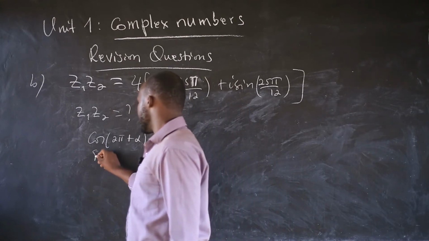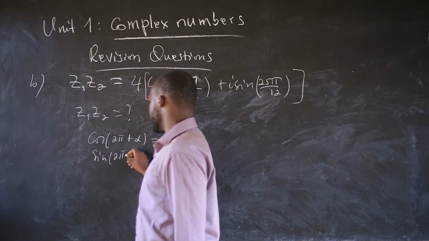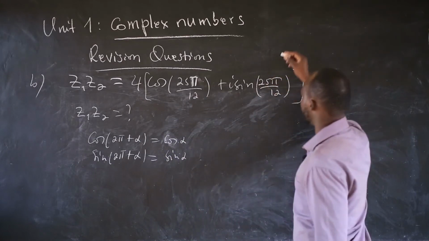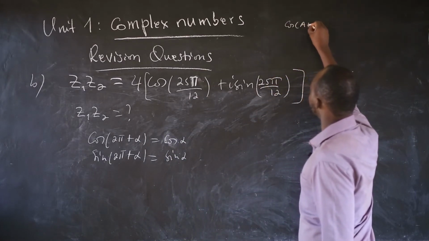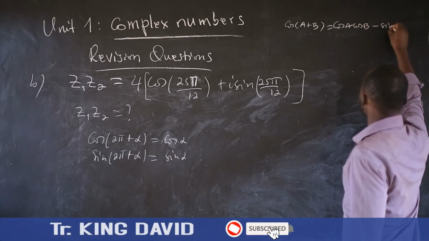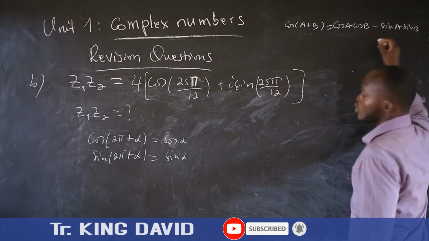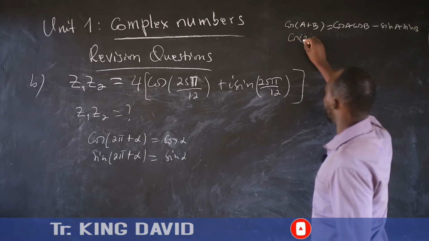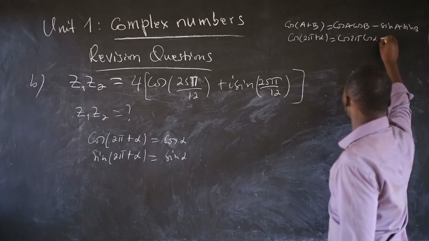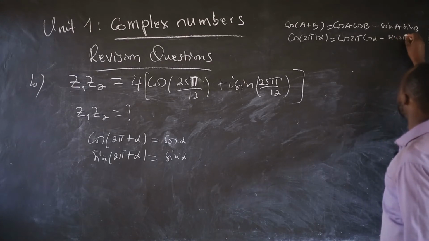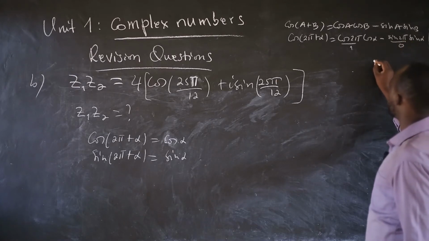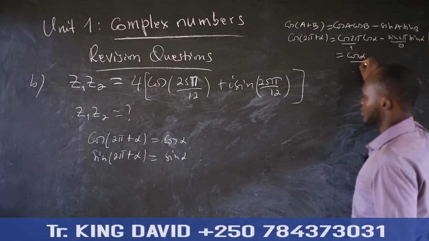Because when you have cos(A plus B), the answer is cos A cos B minus sin A sin B. So cos of 2 pi plus alpha is cos 2 pi cos alpha minus sin 2 pi sin alpha. But cos 2 pi is 1, sin 2 pi is 0. So the final answer is cos alpha.